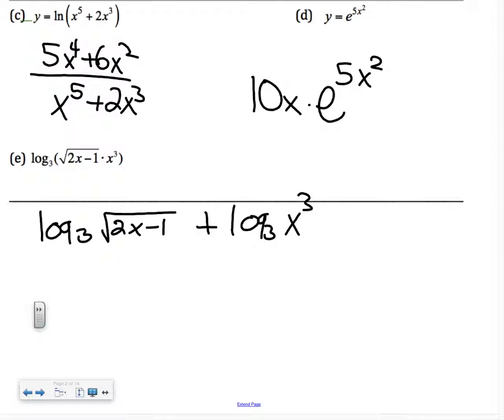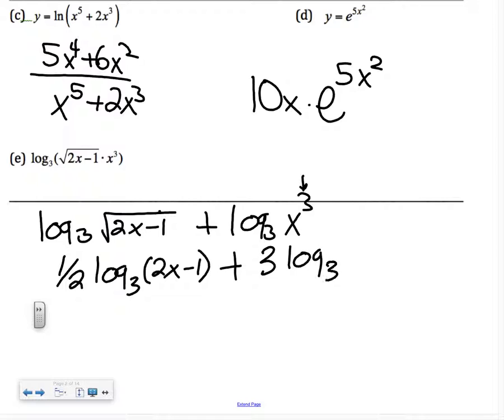So the square root is like raising it to the 1/2, so I'm going to put a 1/2 out front. So it's 1/2 log base 3 of 2x minus 1. And we're going to raise the 3 from the x cubed here, put it out front. So it's 3 log base 3 of x.